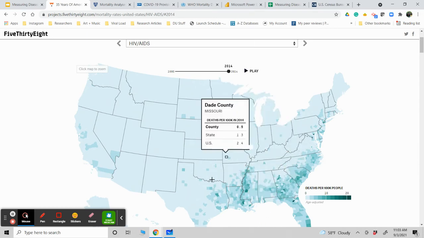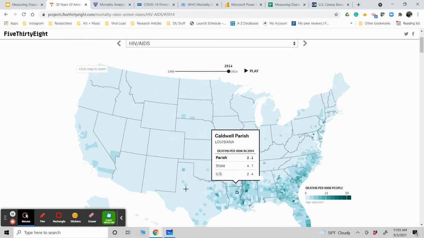However, it still remains relatively high in some parts of the country. So this is a useful tool for understanding not only changes in HIV across the whole country, but also helping us understand where risk remains high and where we might want to devote some resources towards reducing that.